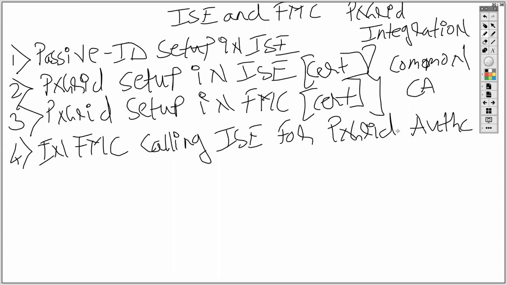Okay, which means that you are going to tell FMC to connect to your ISE and authenticate for pxGrid. It will not be vice versa. You will not go to ISE and tell it to connect to FMC. No, you will say from FMC connect to ISE and authenticate.